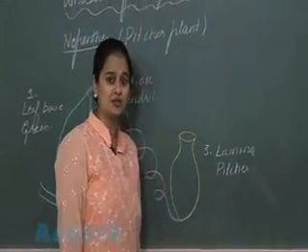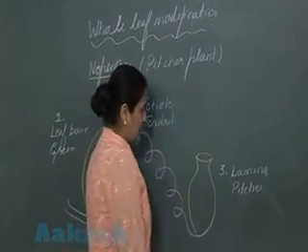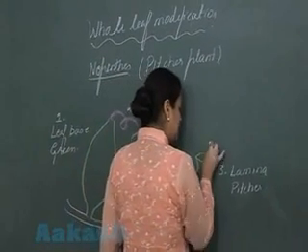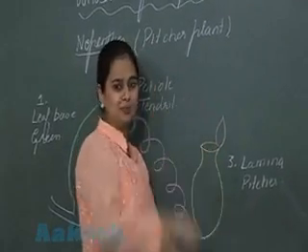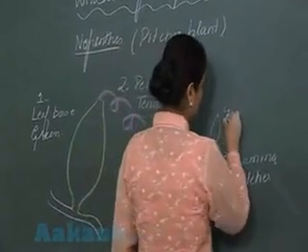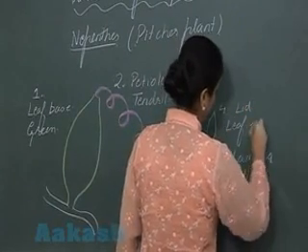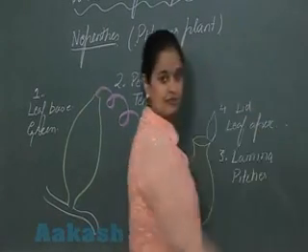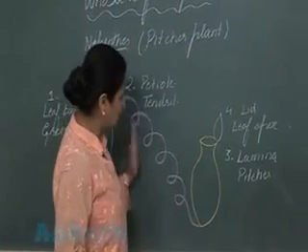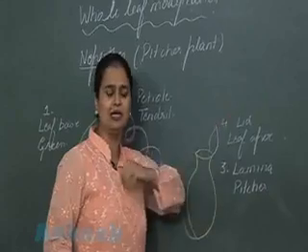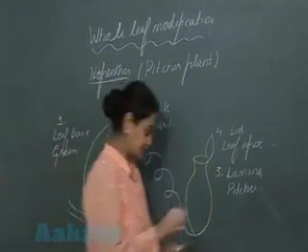The function of the pitcher is that it is involved in the trapping of insects. Over the pitcher, there is also presence of a lid to close the pitcher. This lid of the pitcher is formed by leaf apex. So you can see here the leaf base, tendril, lamina and lid, they all are modified in the pitcher plant.